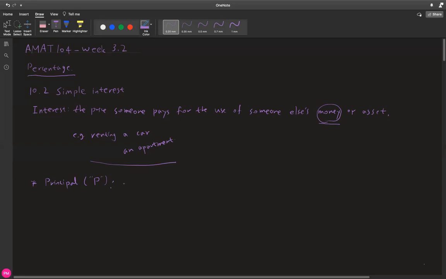It is a word that you use to describe the sum of money that the lender lends the borrower. So, for example, if you borrow $500 from your friend, the principal will be $500.